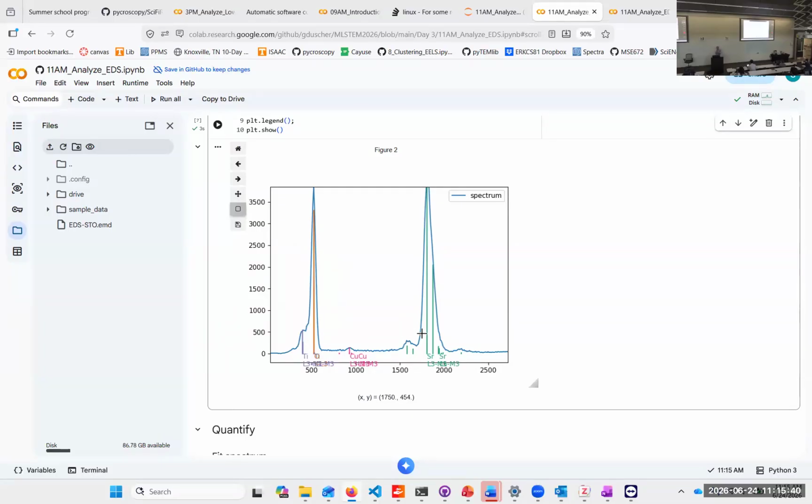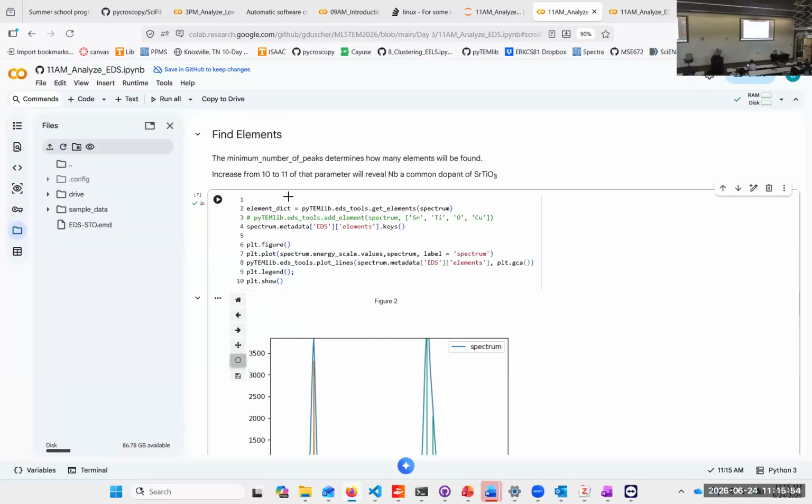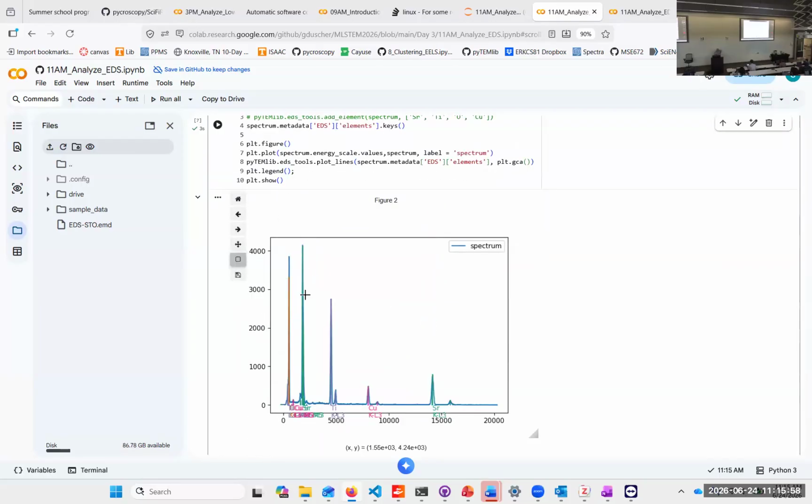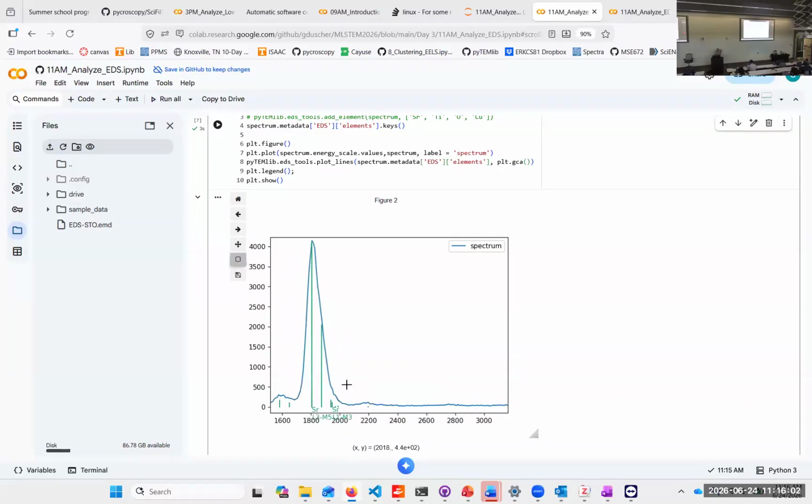and so the way I'm doing that is a little bit different. So I look at the strongest peak first. So which one is the strongest peak? I have to go back to this one. Strongest peak is this one. Okay. That is strontium.